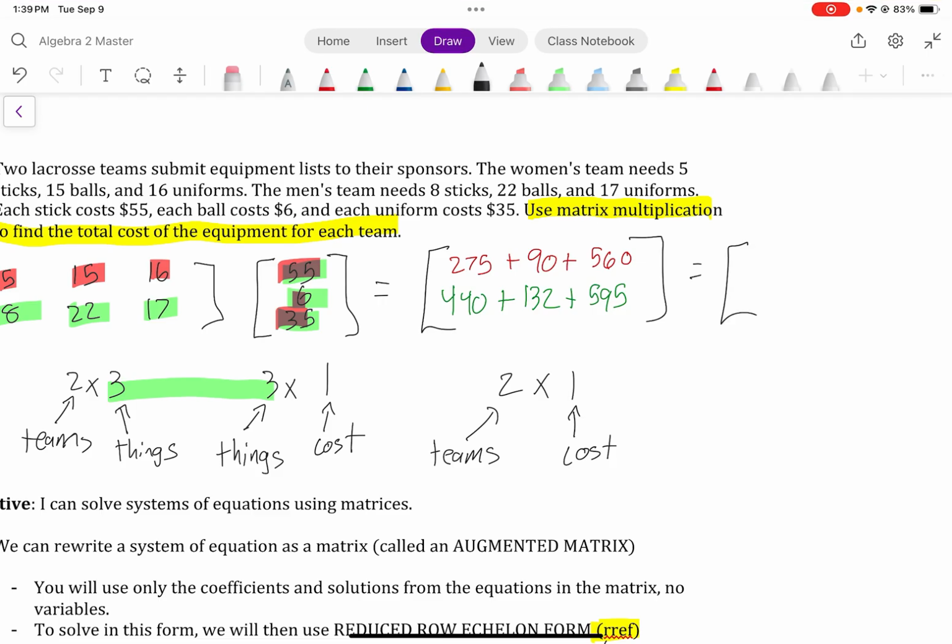When I add all this stuff up, I get a nice matrix of two numbers, 925 for the top and 1,167 for the bottom.